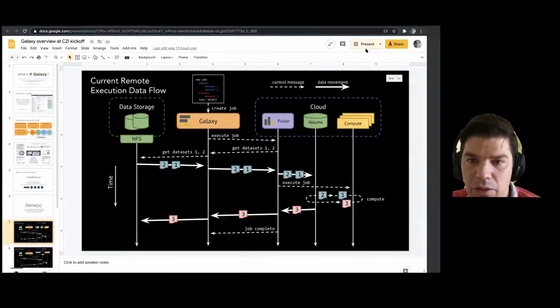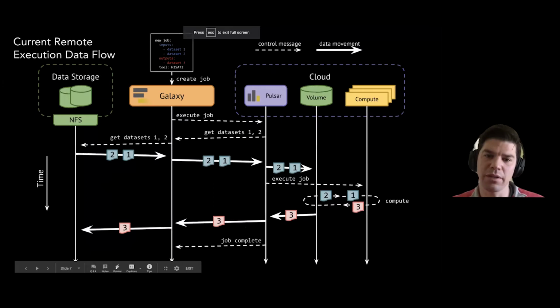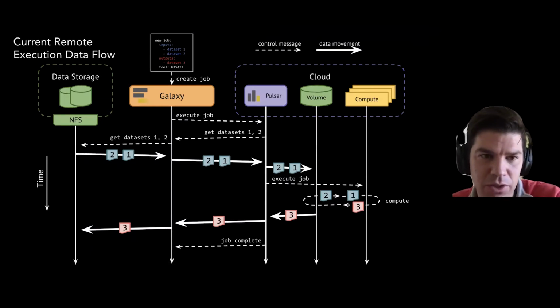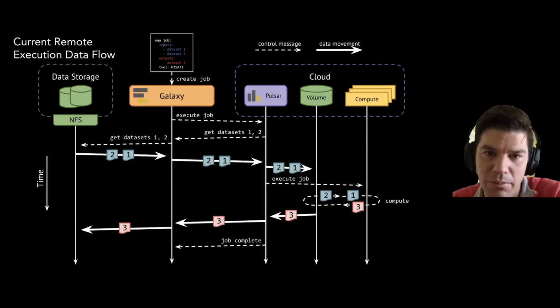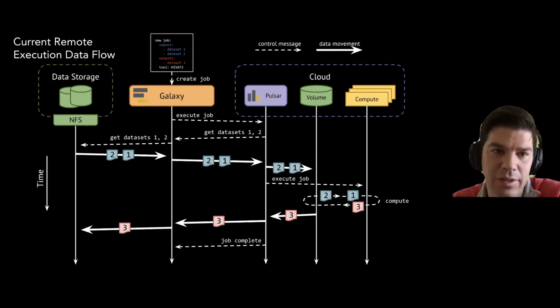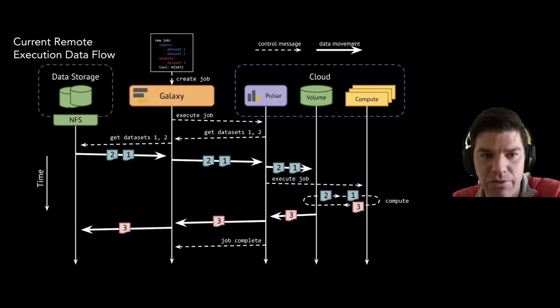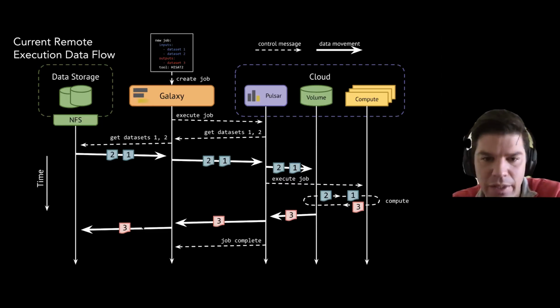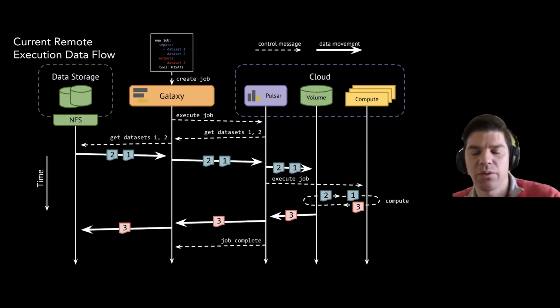As I mentioned, the third goal is to speed up how we run some of these jobs. As it stands, once the job is submitted to Galaxy, the job execution framework has to fetch the input files, and it has to do this via Galaxy. So it has to ask Galaxy for a dataset. Galaxy has to proxy the data transfer from a backend storage, the job runs, and then the data needs to be persisted via Galaxy to the persistent store.